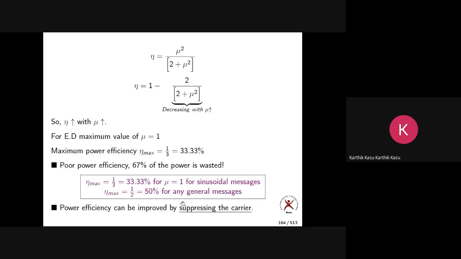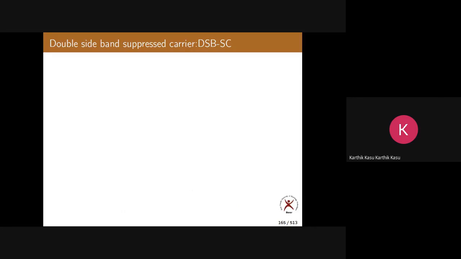Now how to improve the power efficiency? The best solution is to remove that pure carrier, which is not having any useful information. You can remove that because it is not carrying anything useful to us. That leads to one more kind of technique called double sideband suppressed carrier.